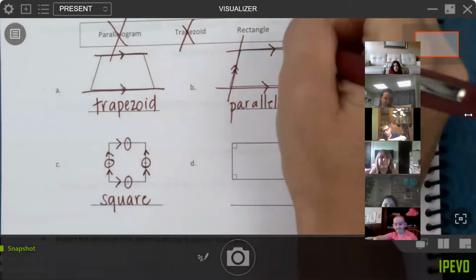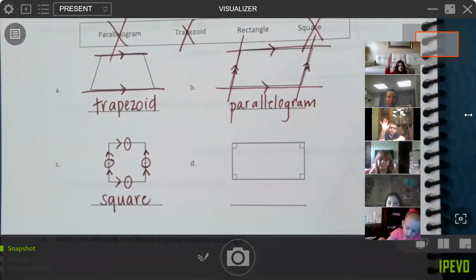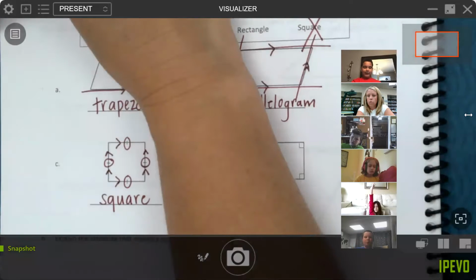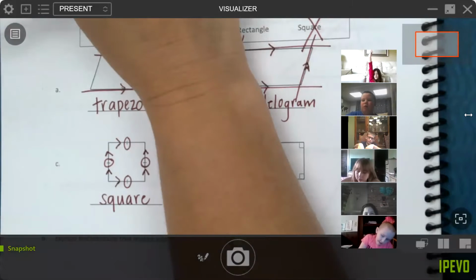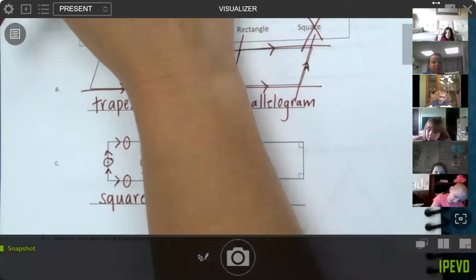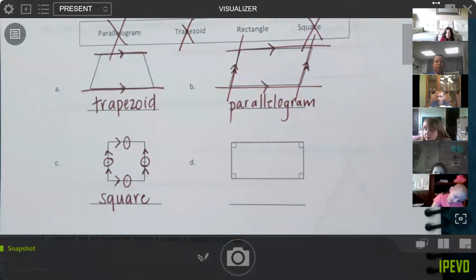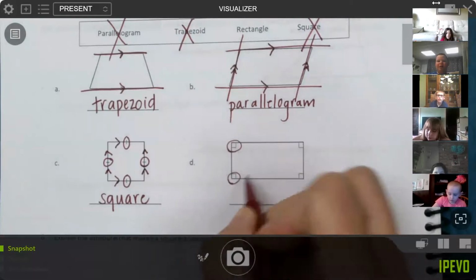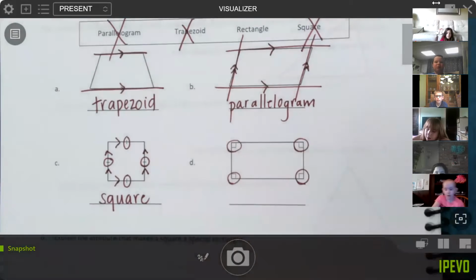Last one. Who would like to do letter D? Soren? What do you see here? Point out some characteristics for me. Rectangle, because it has all right angles. Okay, so here we have 1, 2, 3, 4 right angles. What else do you see? And it is a parallelogram. Why?